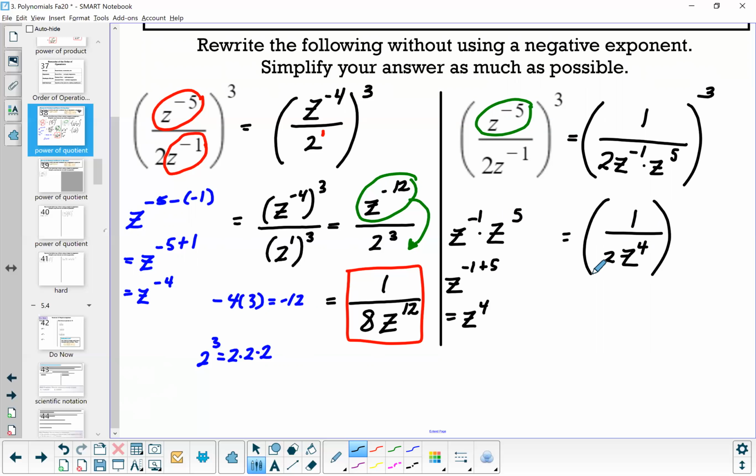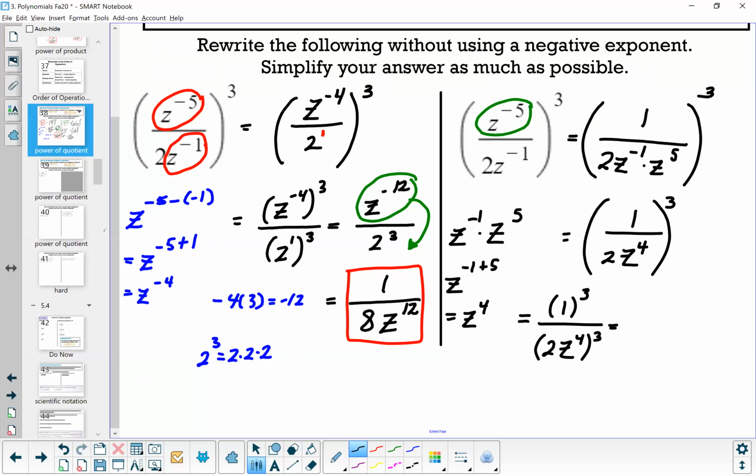Outside of parentheses, we're cubed. So now I have a simplified fraction in parentheses. I see here I can cube my numerator and my denominator. So it's like me doing 1 cubed over the denominator also has to be cubed.